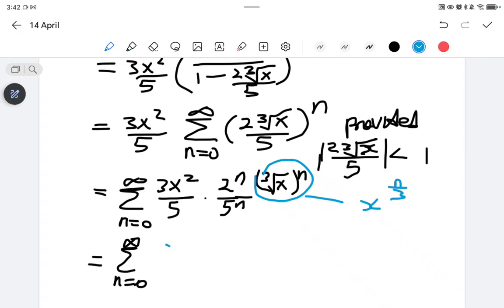So here I can have 3x. I think I can have, that's fine. Let me just have x alone. Let me just separate them one by one so that you can see.